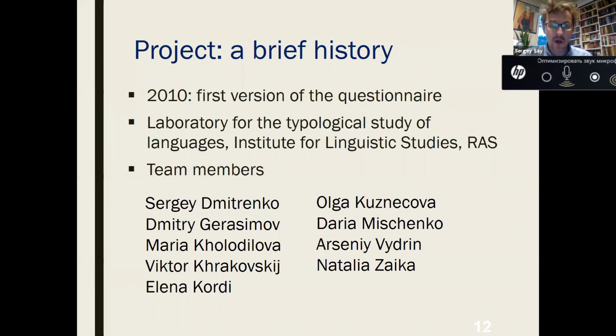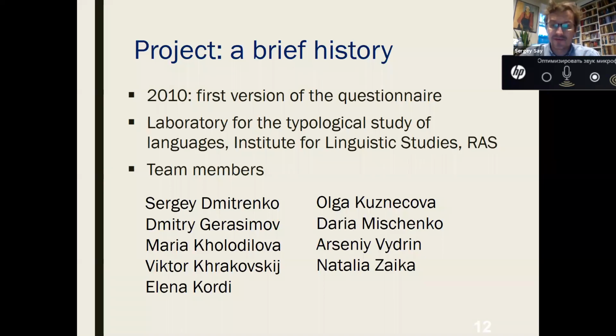So the brief history of the project is that the questionnaire was actually compiled back in 2010 at the Laboratory for the Typological Study of Languages, where we are now, kind of. So at our Institute for Linguistic Studies in St. Petersburg.